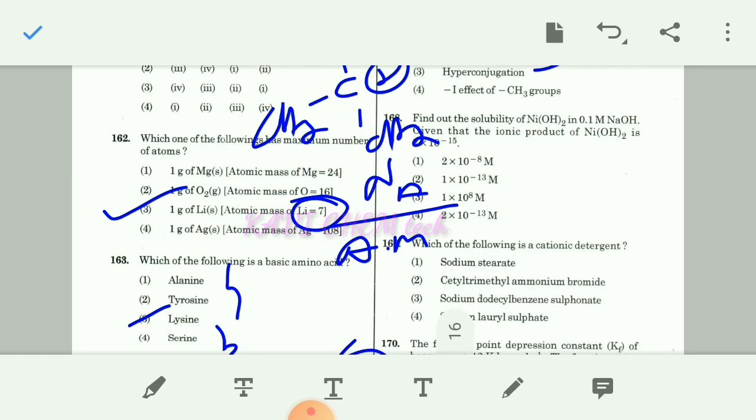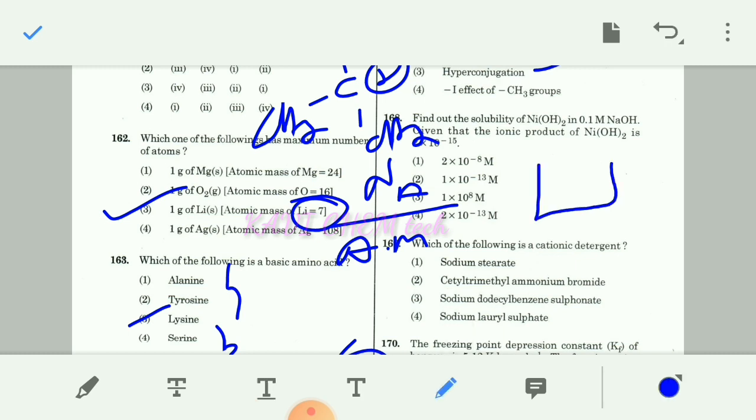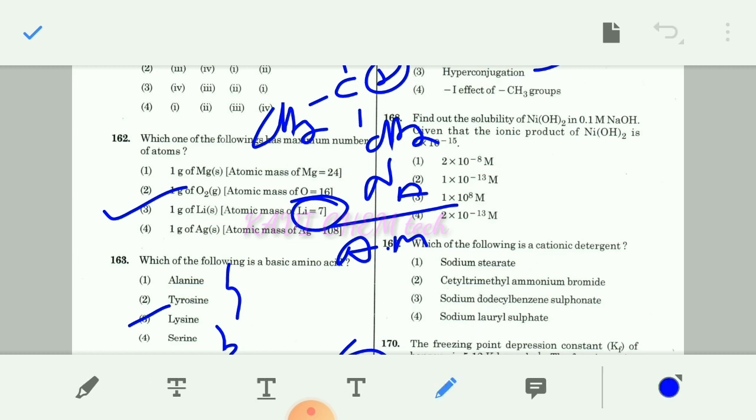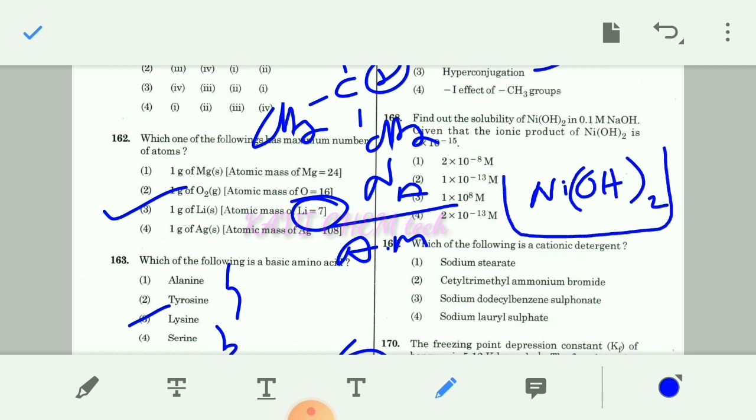The next question, number 168, find out the solubility of NaOH. First they are taking lithium hydroxide in a container. To that they are going to add sodium hydroxide. When they add the sodium hydroxide, both contain OH minus ions.